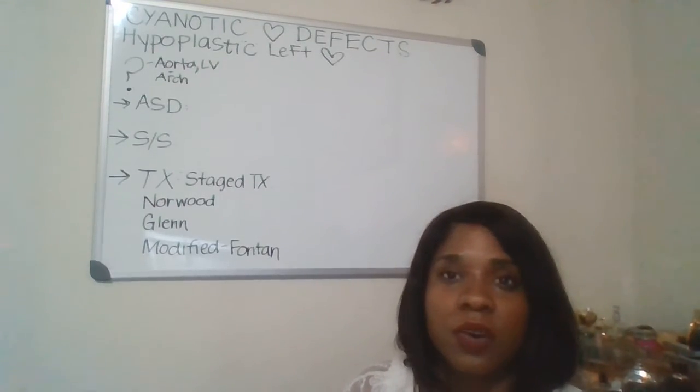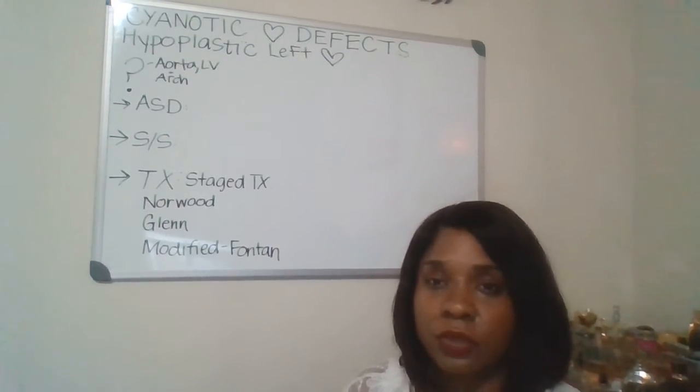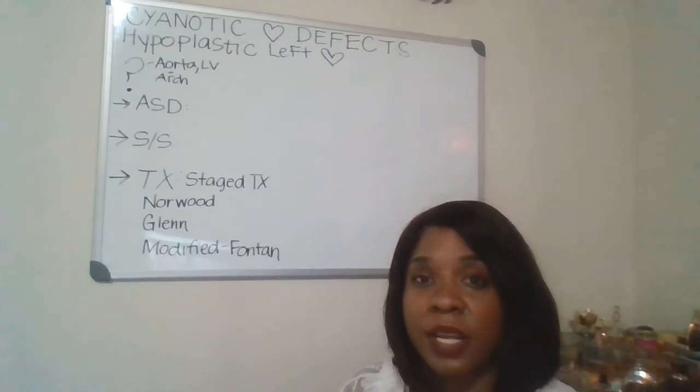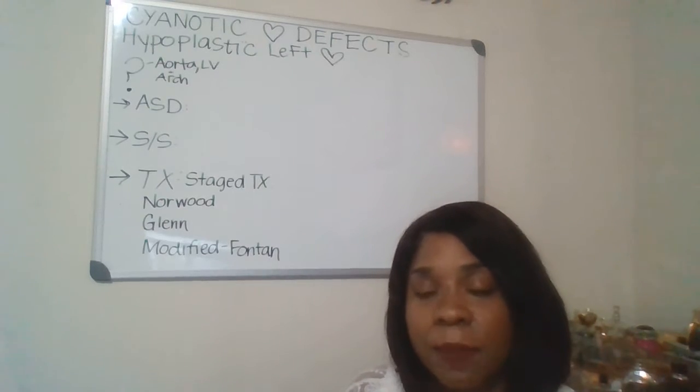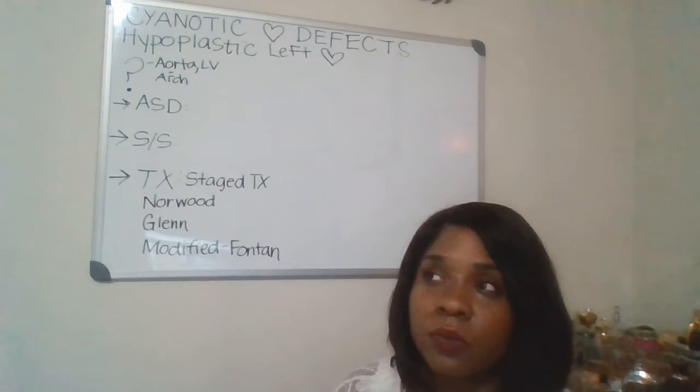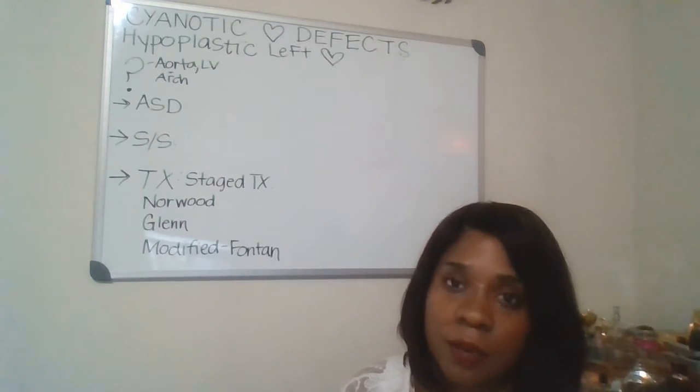Now, in a previous video with the ASD in regards to acyanotic heart defects, that ASD is actually what is helping here, because they basically do not have a ventricle on the left side. So there's no way to push blood up.